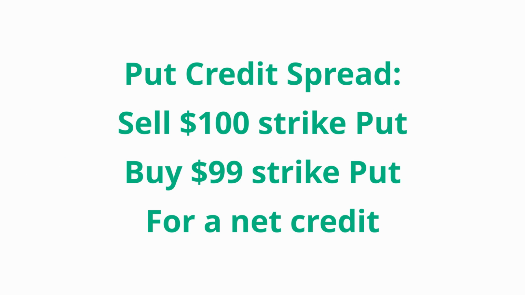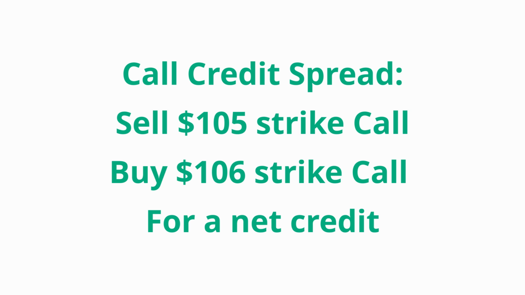In a put credit spread, a trader sells a put option at a certain strike price and buys another put option with a lower strike price for a net credit. In a call credit spread, a trader sells a call option at a certain strike price and buys another call option with a higher strike price for a net credit.